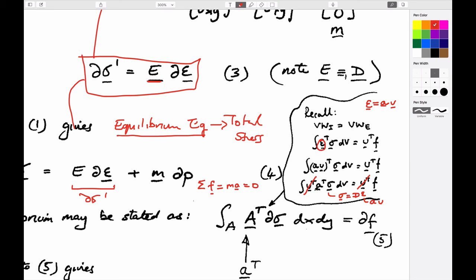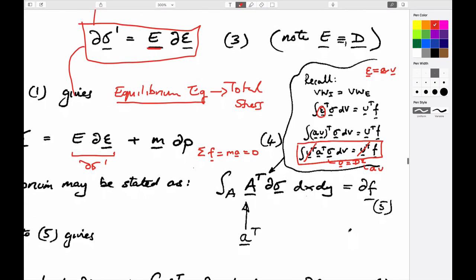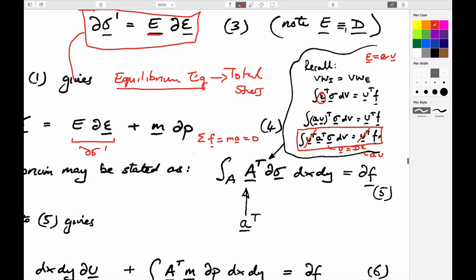We never stopped it here, but we could take this relationship, which is exactly what we're going to do, and you see it written out below: A transpose sigma is equal to force. A transpose d sigma is equal to change in force. So this is basically what's referred to as an equilibrium condition.